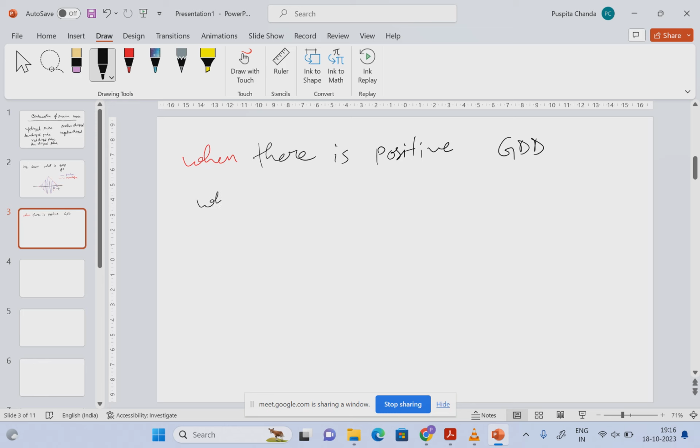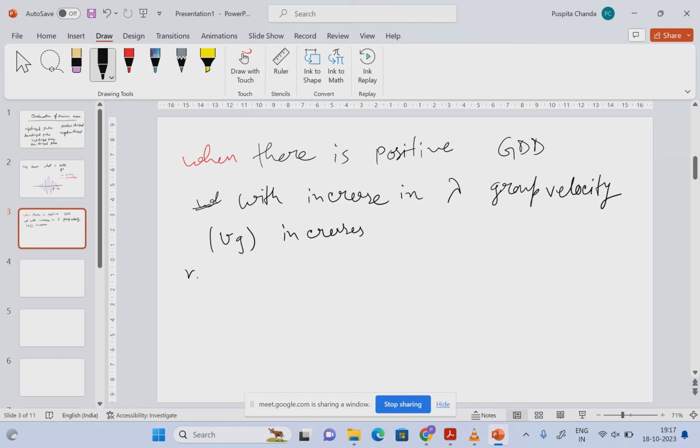As lambda increases, the group velocity Vg increases.